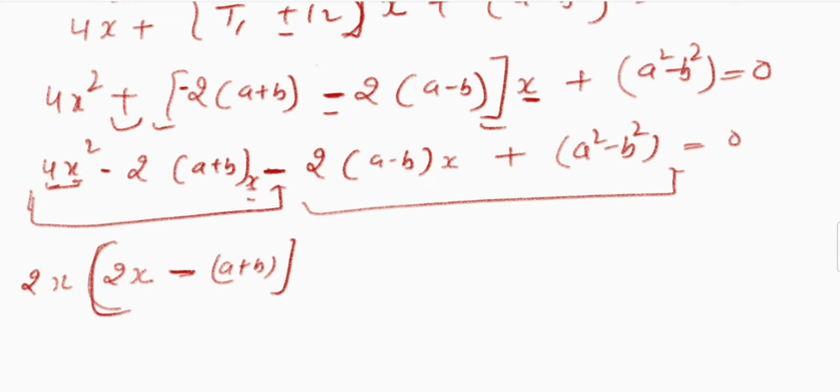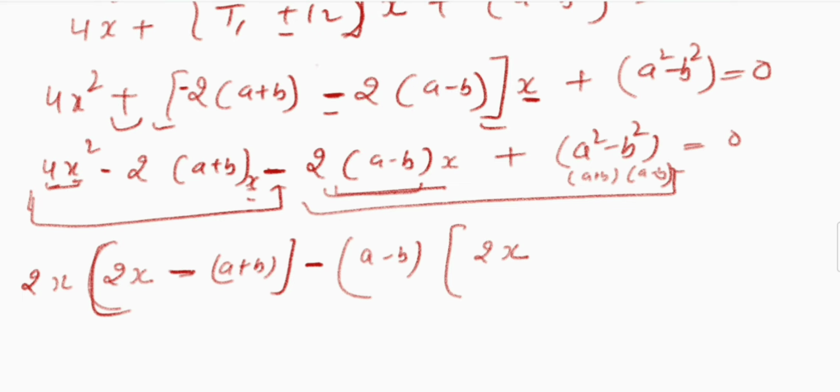And from here I'll take the negative sign out, and here I have (a − b)... so this also we can write as (a + b)(a − b). So this (a − b) will come out, and negative also I have taken out. Inside I will be left with 2x from here, and this positive will become negative, (a + b).